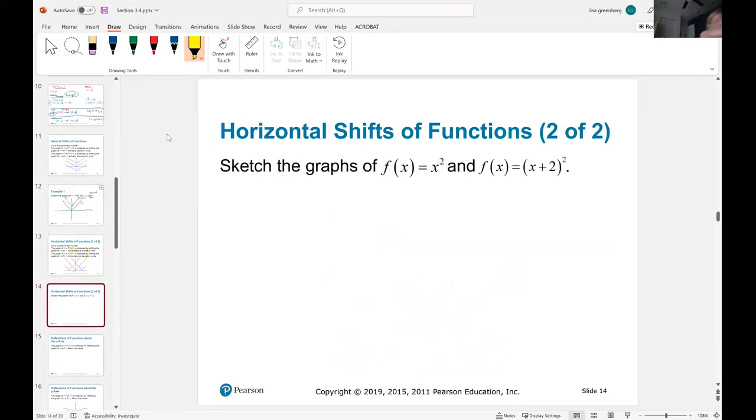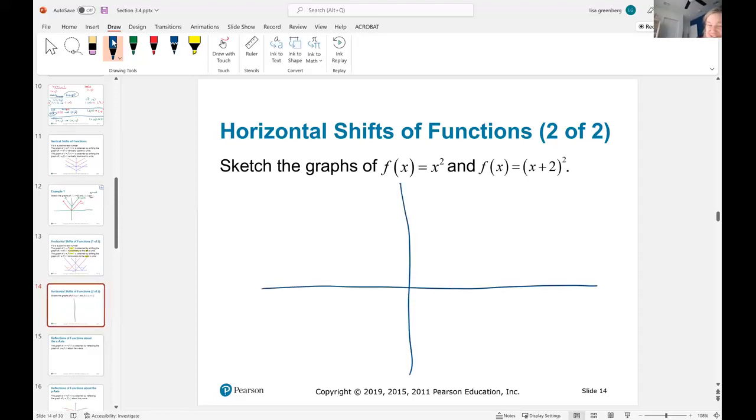So if we were to graph this, I think I actually graphed this before. So if I start with x squared, and now I have plus c, plus 2. Remember, that means c is minus 2.